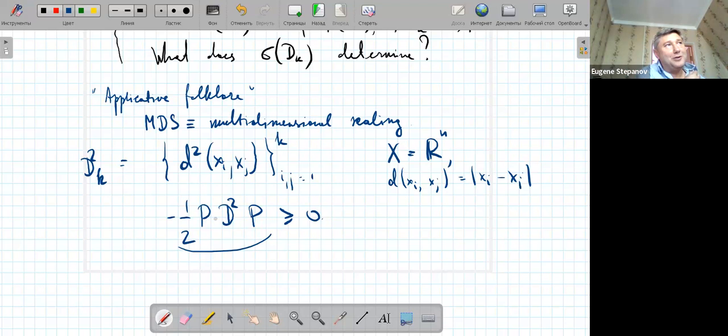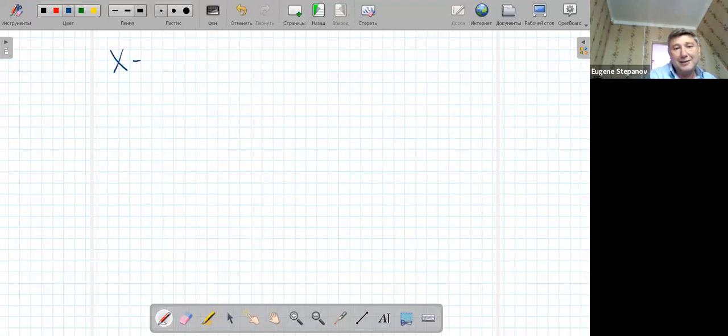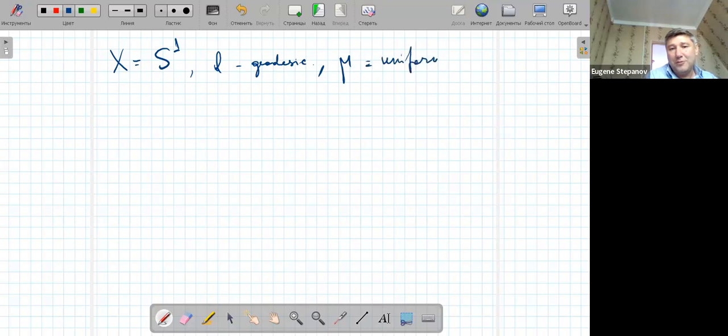where you have taken as a space X just a unit circumference, as a distance D the geodesic distance, and mu just a uniform measure.